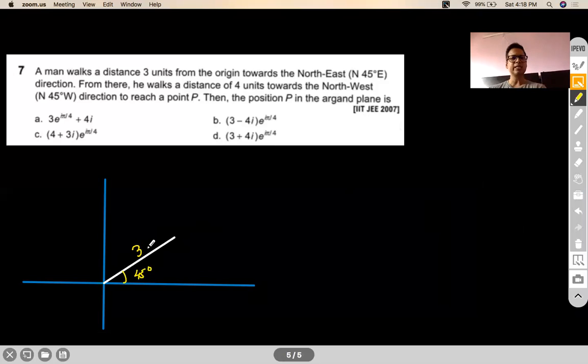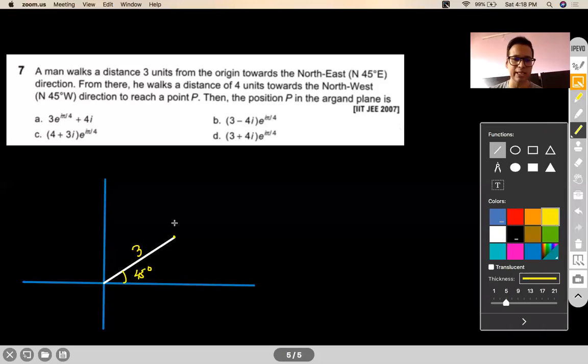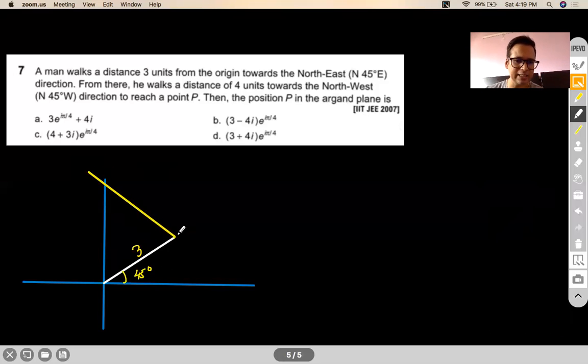Now from there he walks 4 units towards northwest. So let me just take a yellow line, and he goes 4 units towards northwest. This is again 45 degrees, and this is 4 units.